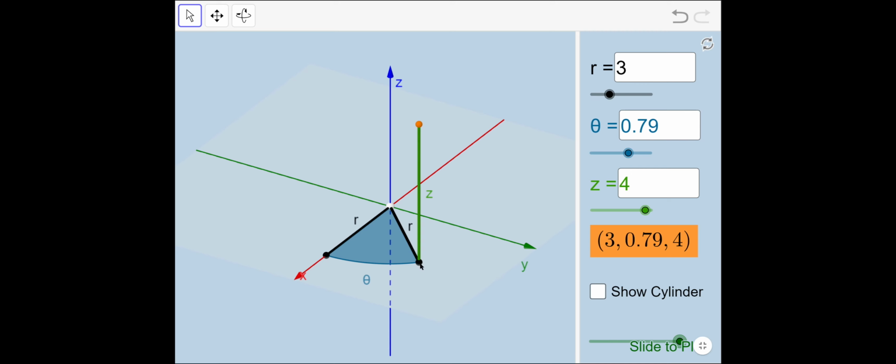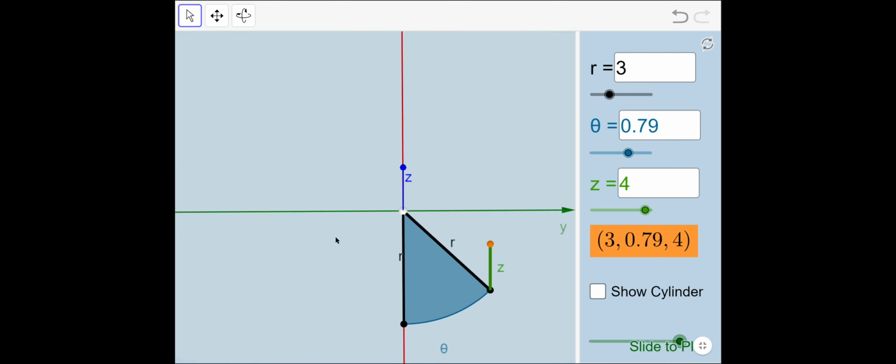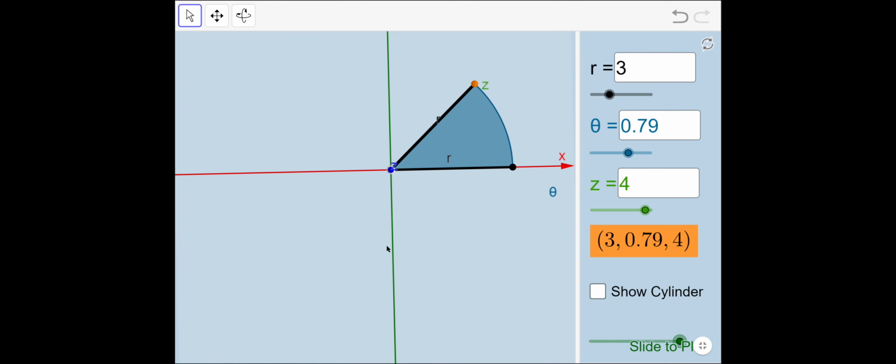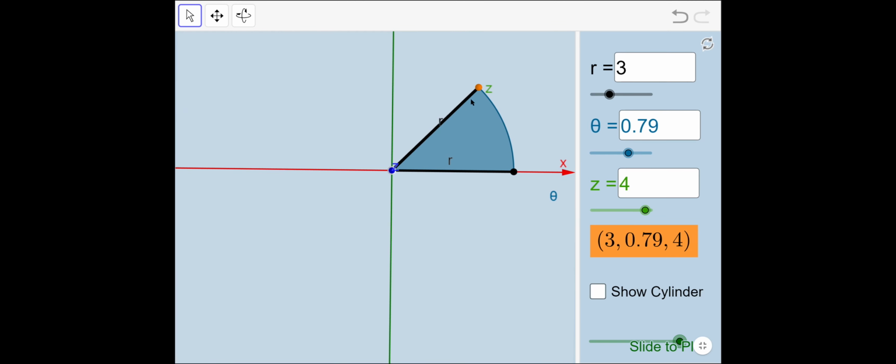Then in the xy plane, I measure the distance from the projection to the origin, and that is going to be your r.